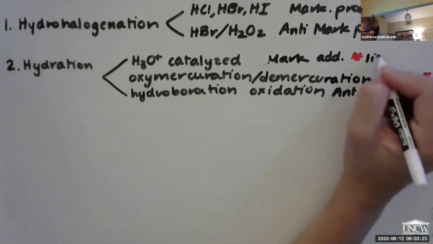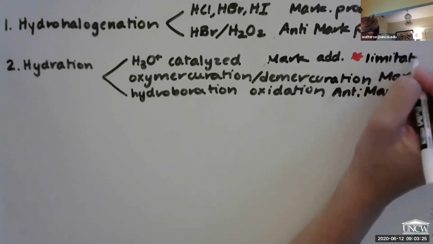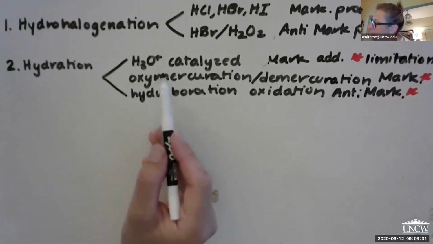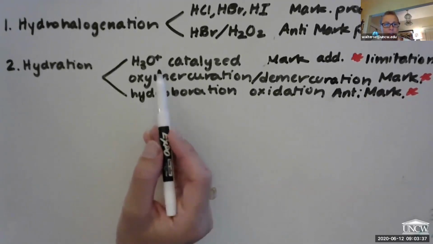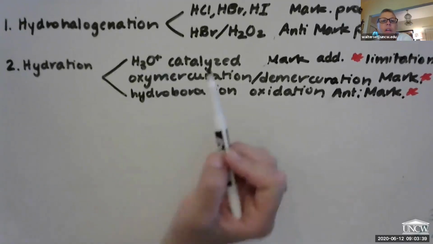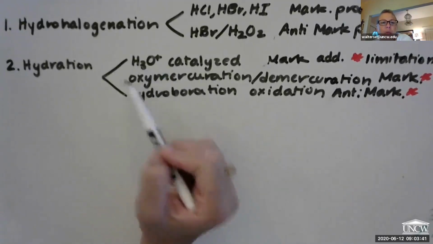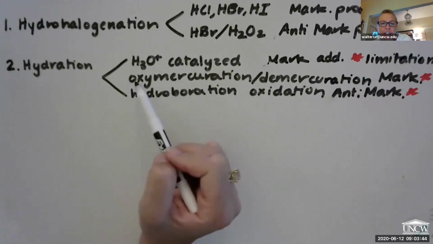There are limitations for the acid catalyzed hydration. The limitations are the potential for rearrangement and the potential for the formation of a racemic mixture that you can avoid if you use the oxymercuration demercuration.